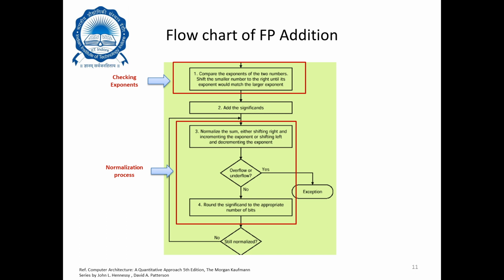If not, we will round the significand to the appropriate number of bits and again check for normalization. If it is normalized, we stop. If not, we go back and do the normalization process again. That's pretty much the flowchart of floating point addition that is usually used.